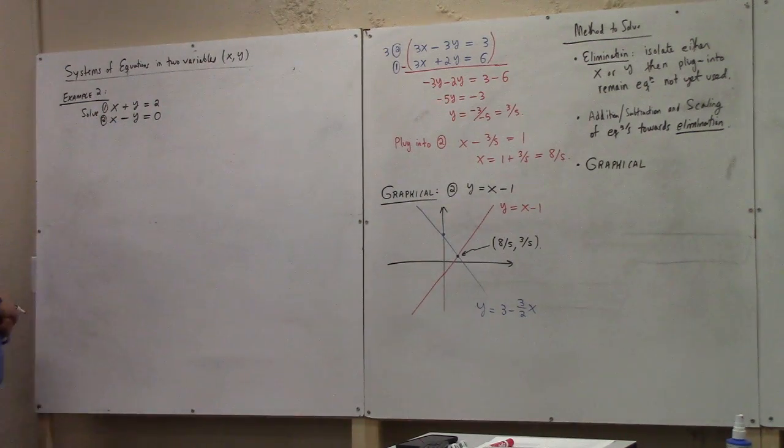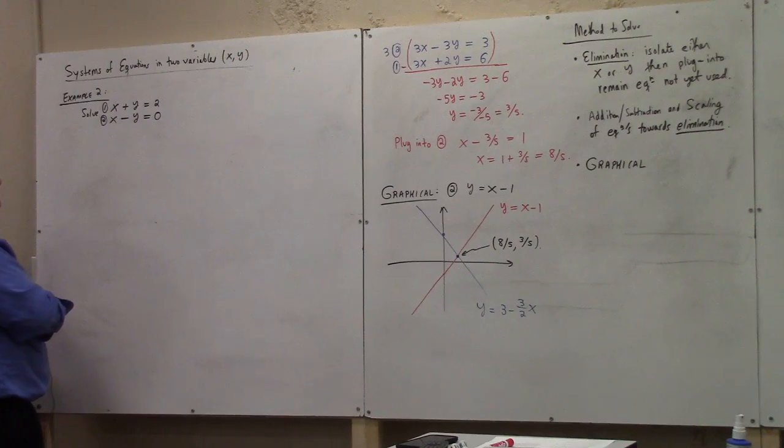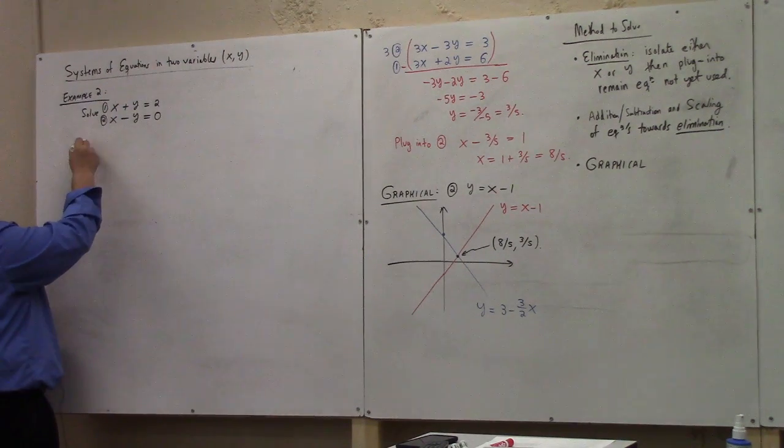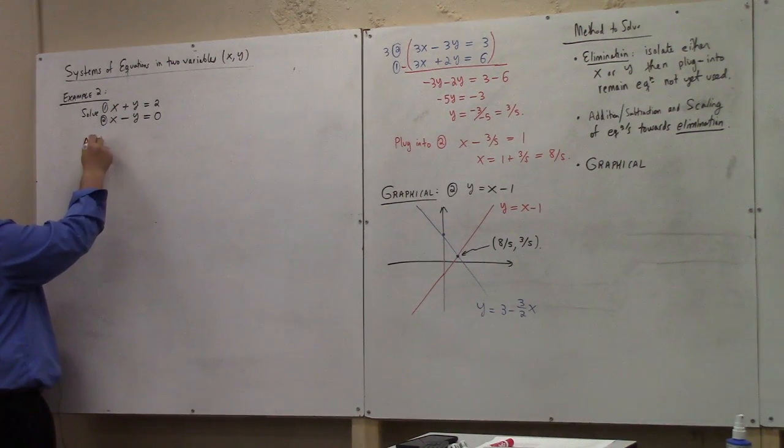I'll number those equations 1 and 2 so we can talk about them. Can we combine the two x's and add the two y's, making it equal 2 plus 0? I think that's a good idea. Add equations, you say?